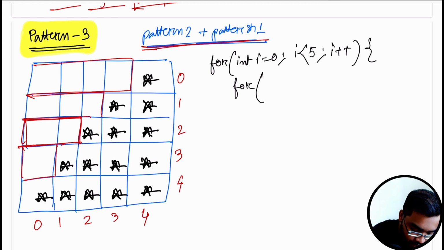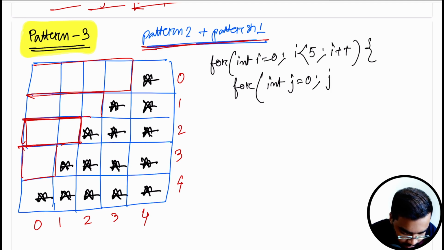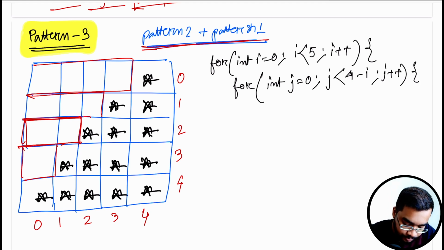That's it. So we can say that for integer j equal to 0 and j less than 4 minus i, and then j plus plus.